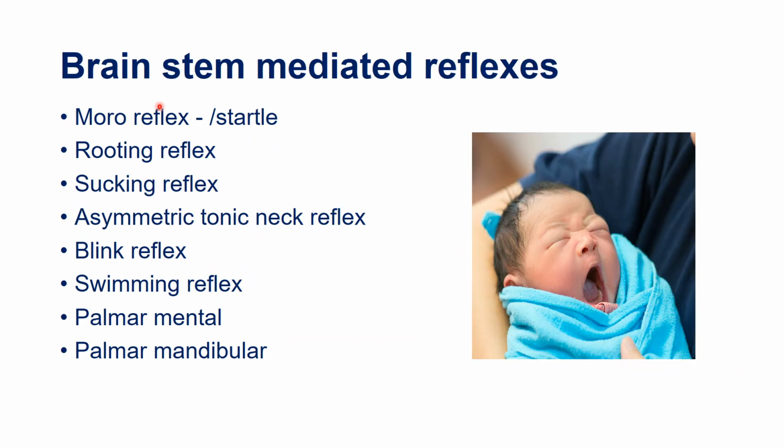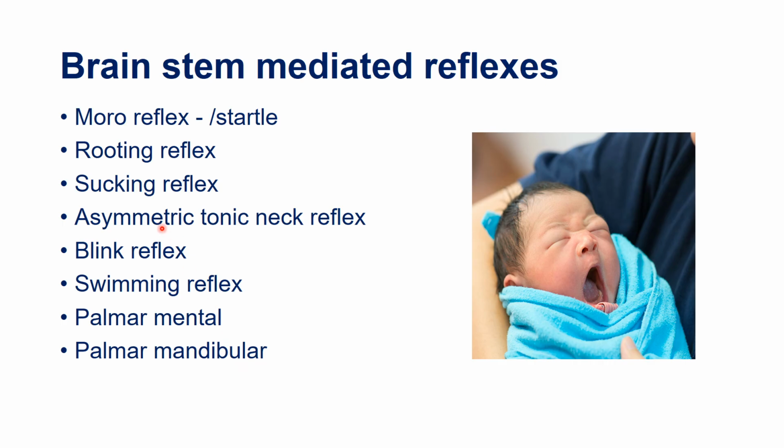We'll start with the brainstem mediated reflexes. Under this come the Moro reflex or startle reflex, rooting reflex, sucking reflex, asymmetric tonic neck reflex, blink reflex, swimming reflex, palmar-mental reflex, and palmar-mandibular reflex.